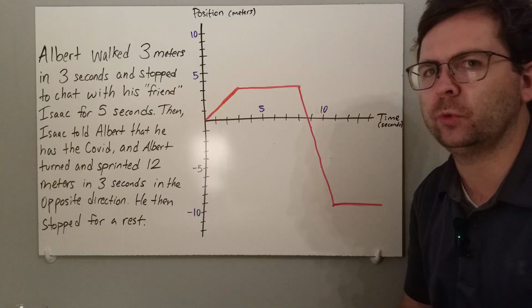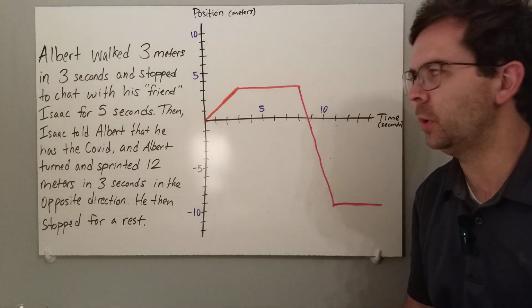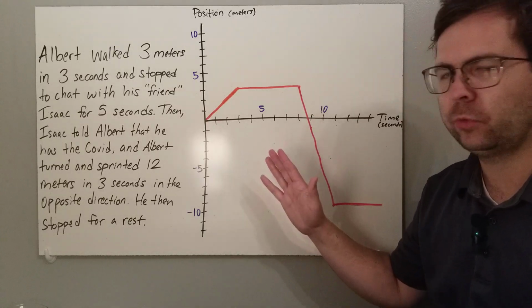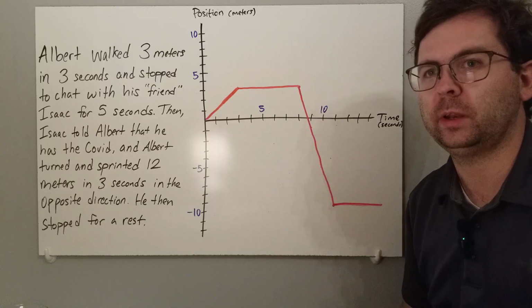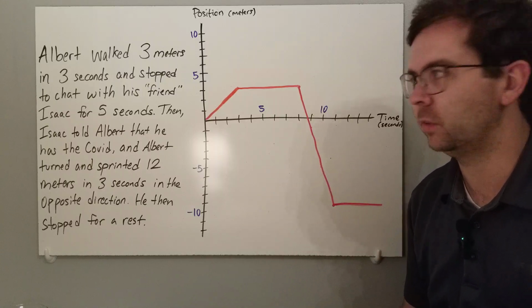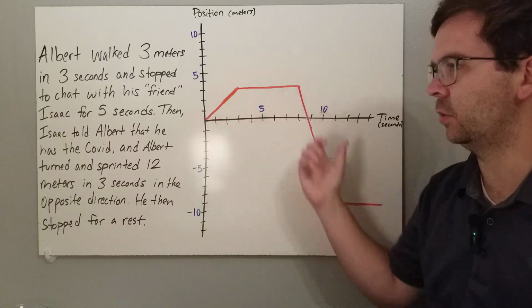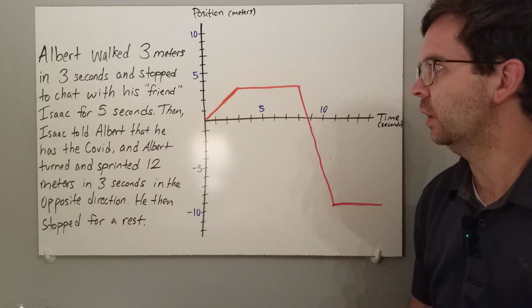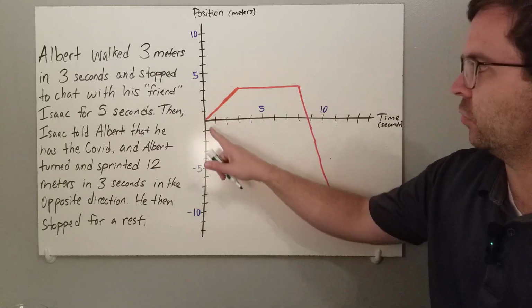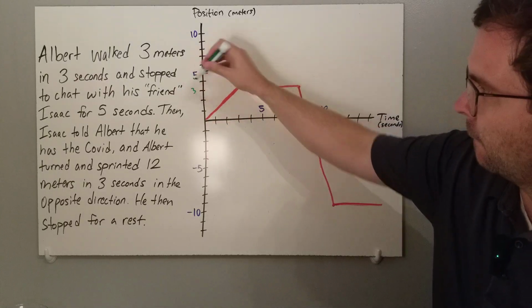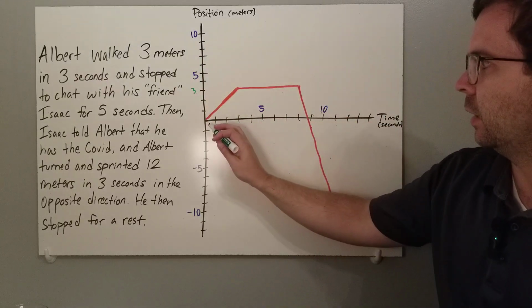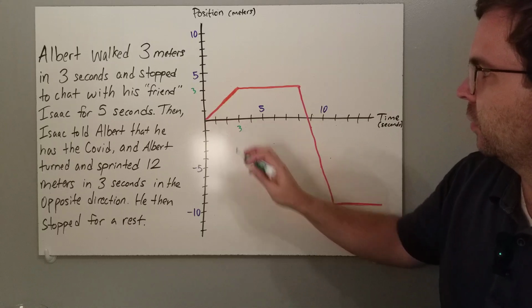So this is a very helpful tool, but it's more helpful than it appears because if you look closely at this and you only had the graph, you would actually be able to calculate Albert's average velocity over each leg of his journey. So for example, in this first leg of his journey, he goes a distance of 3 meters and it takes him 3 seconds.